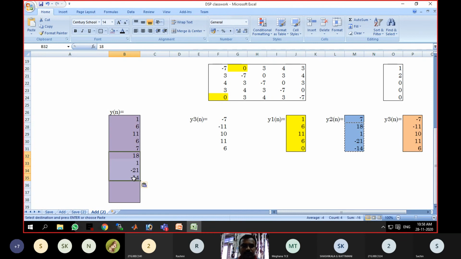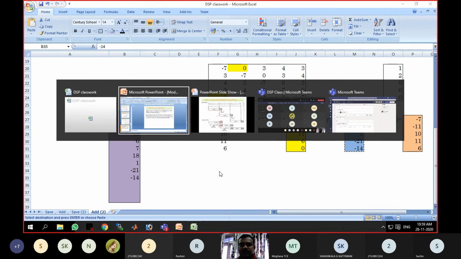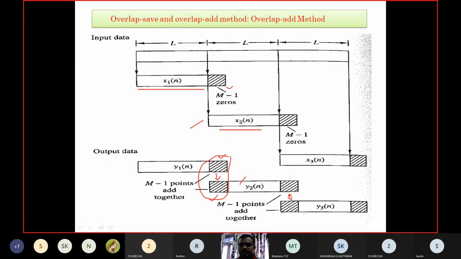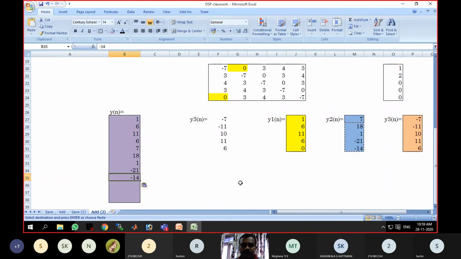Then here the last element once again is added with y3. The last element of y2 is added with the first element of y3. Then we have the remaining elements as it is.